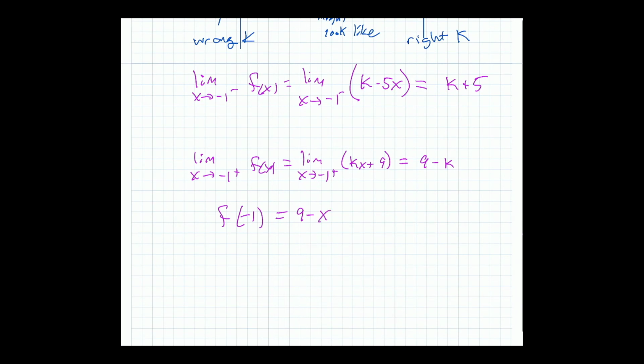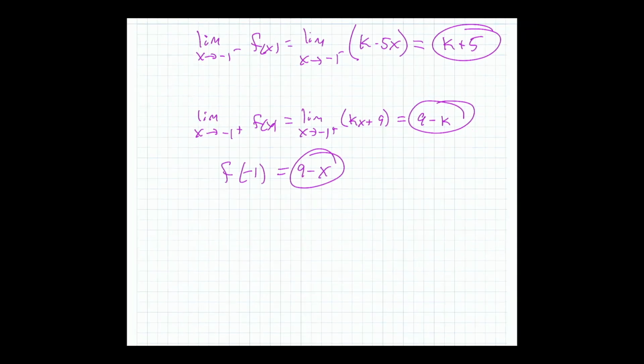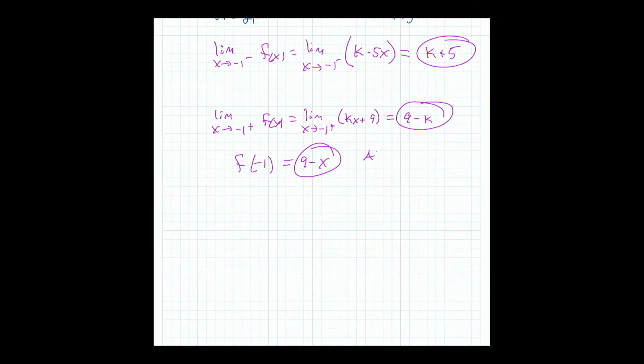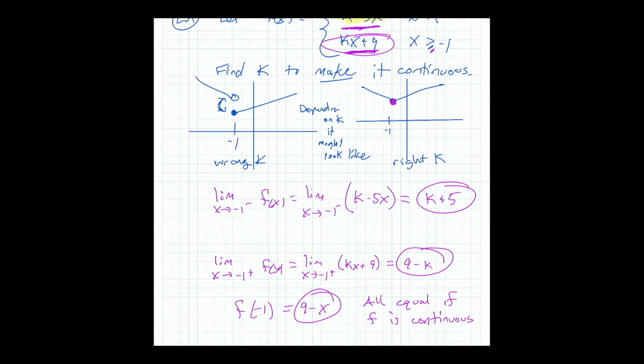All right. Now you've got this number, and this number, and they're all supposed to be equal. If f is continuous, they're all equal, right? We're trying to make it so that they go through the same point at -1.